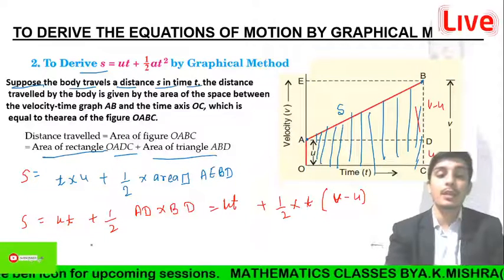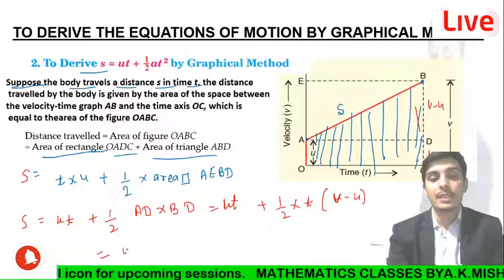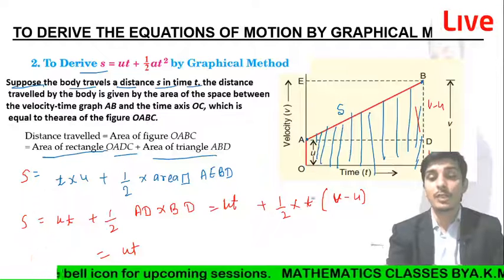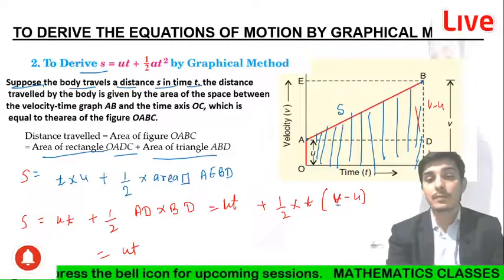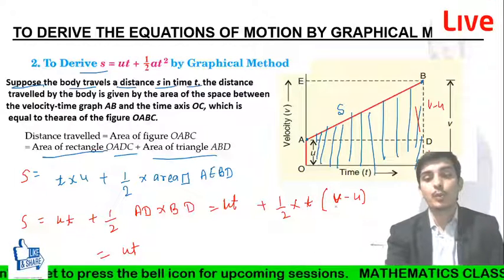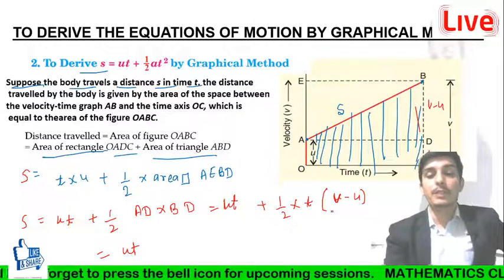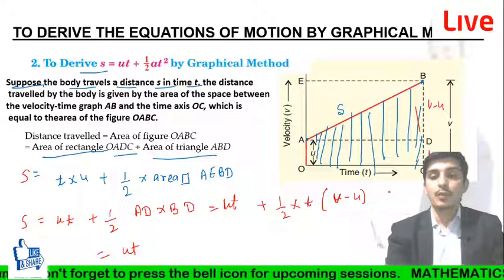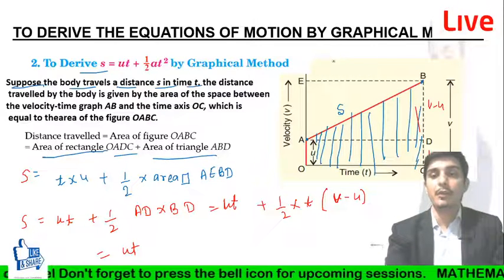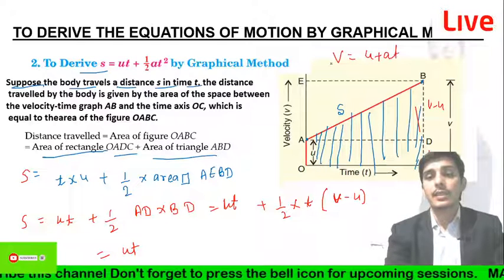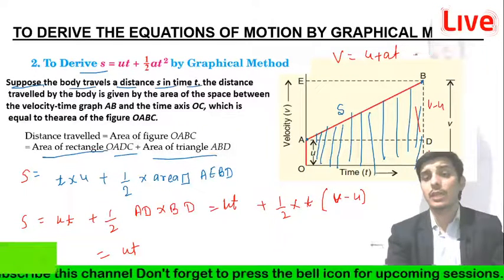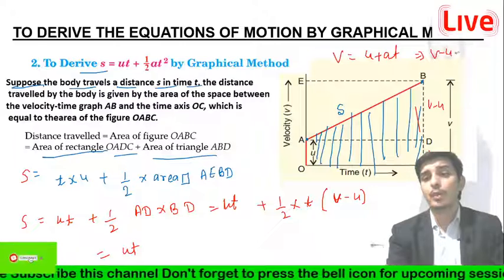Are you getting it? Now, from the first equation we know that v equals u plus at, and after sending u to the other side, v minus u equals at.